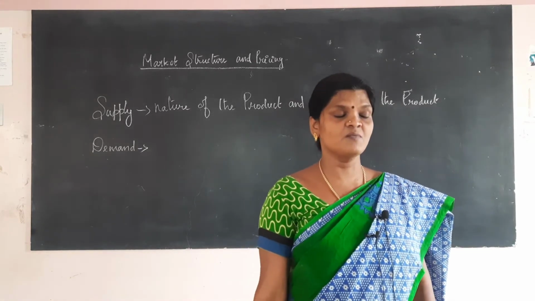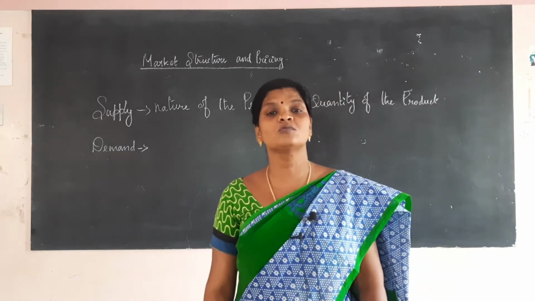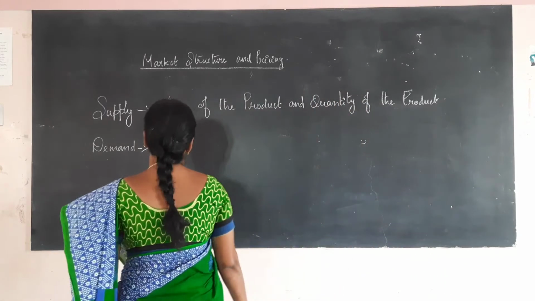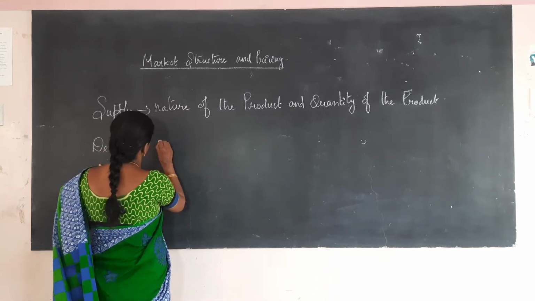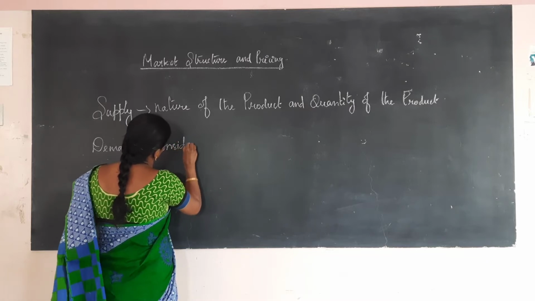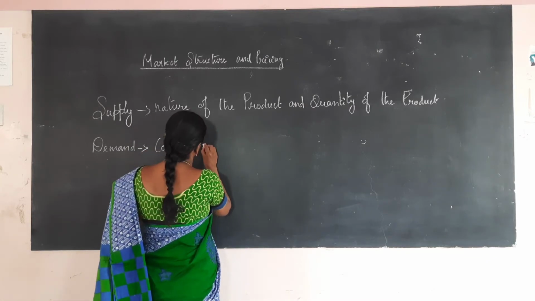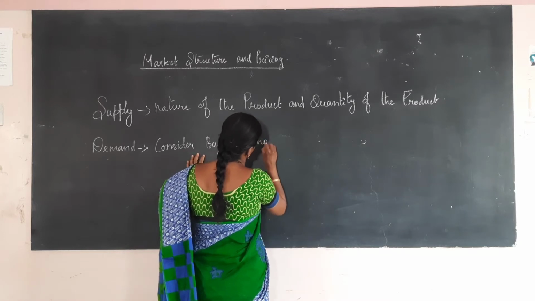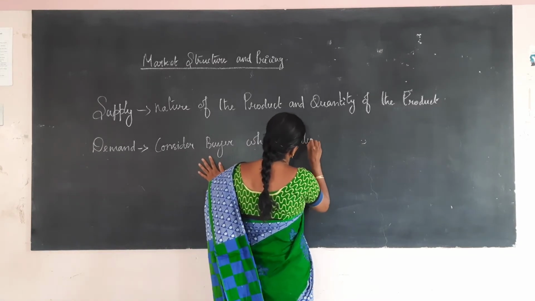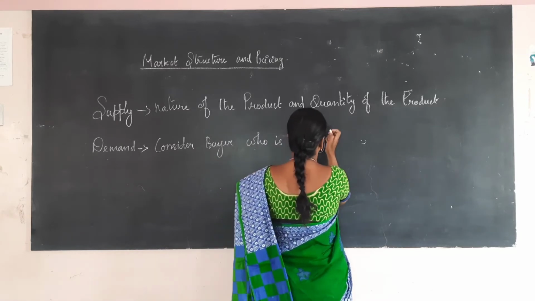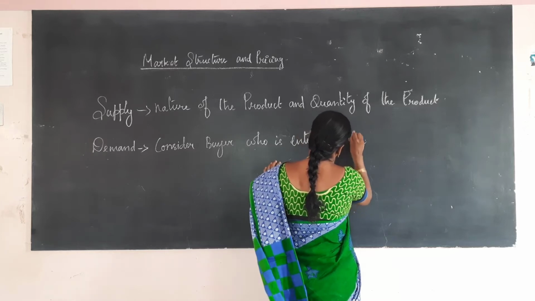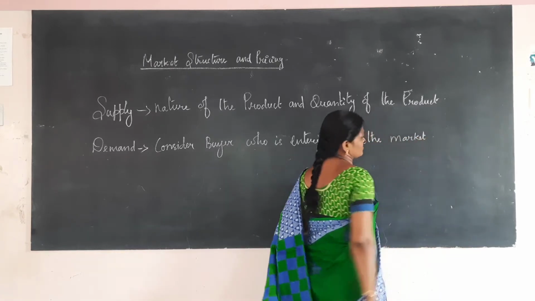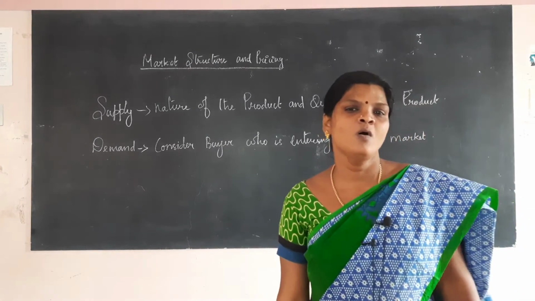Demand side contains information to the number of buyers, information about the buyers who is entering in the market. Then what is market?